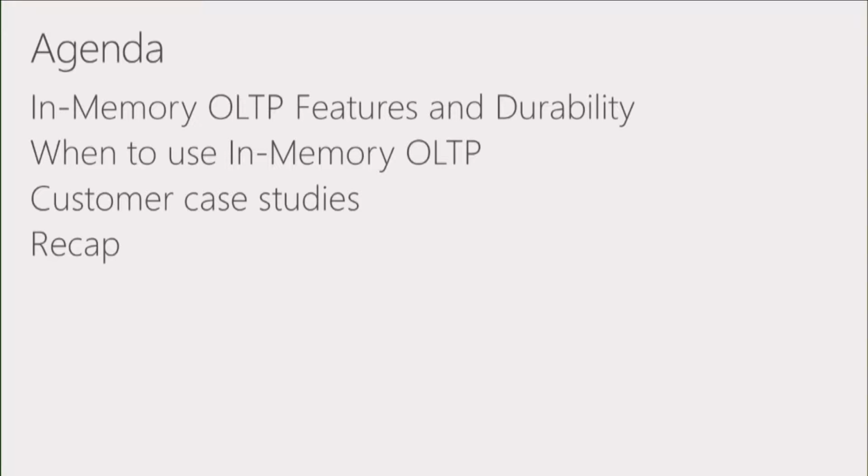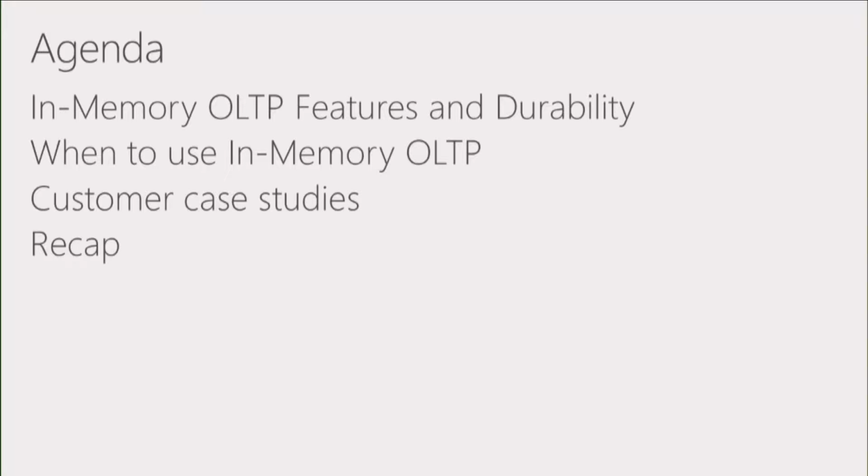Then I want to approach the question of when and where to use in-memory OLTP from two angles. First, the when-to-use section will look at the characteristics of a workload that you want to look for, where in-memory OLTP is either suitable or not suitable.